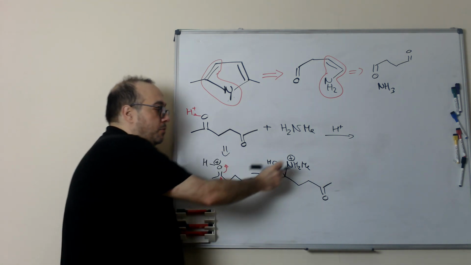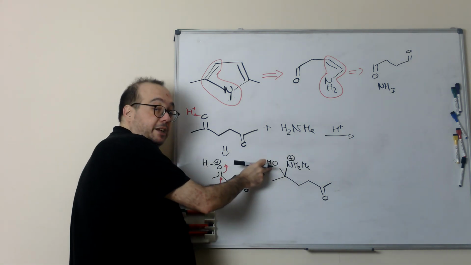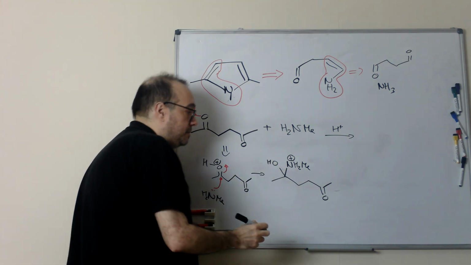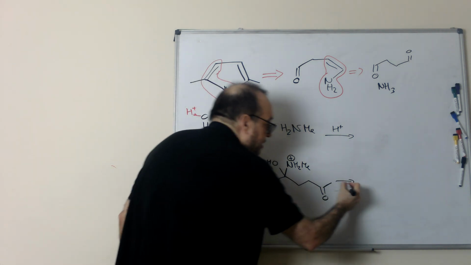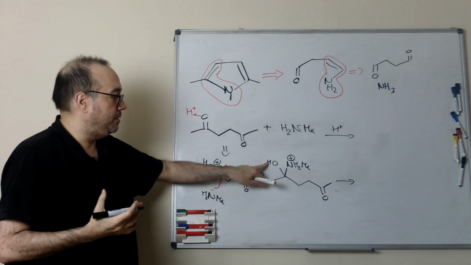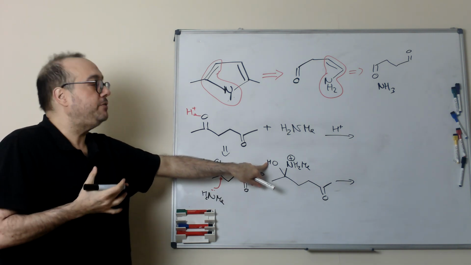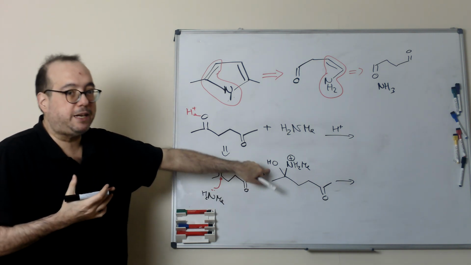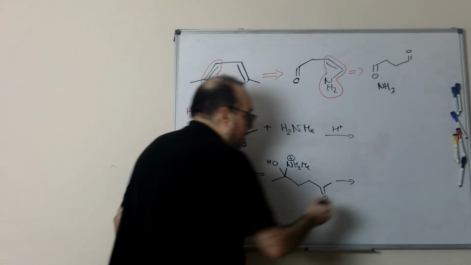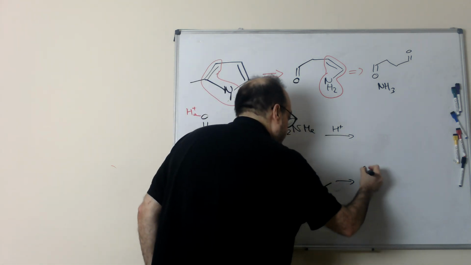We remove the proton here and we put the proton here. Why? Because we want to eliminate water. Remember that the OH is a very bad leaving group, so we have to motivate this hydroxyl to leave. The way of motivation is to protonate, making water. And what we have is this.